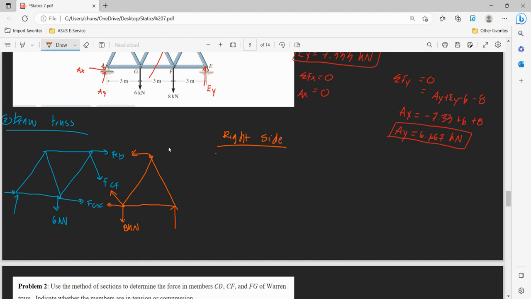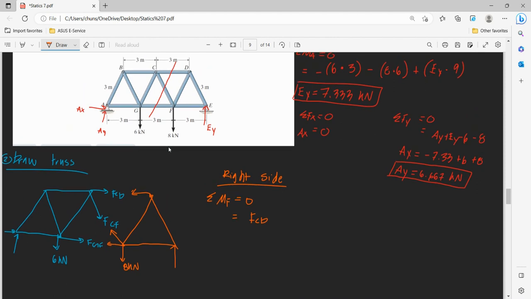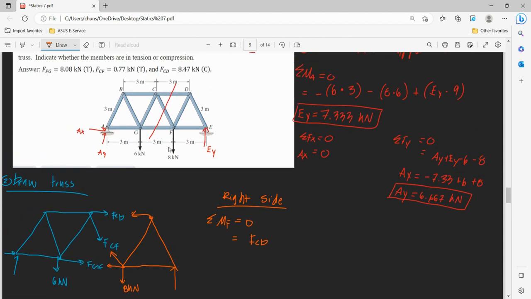So let's start with our moment at F equals 0. So this gets rid of CF and CG and our 8 kilonewtons. So we only have FCD at a distance vertically of, okay, we actually don't know our vertical distance.